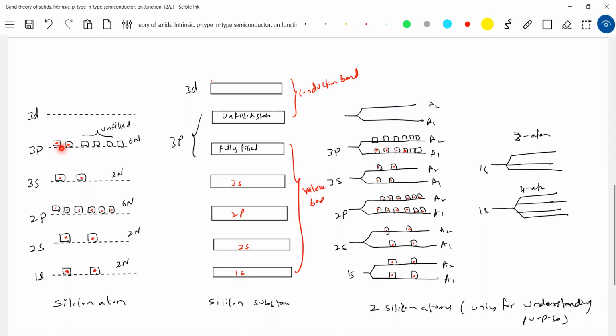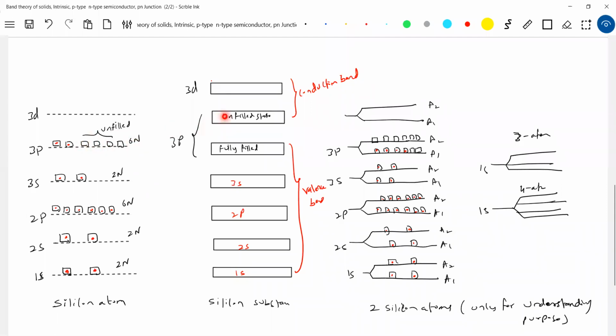So what will happen to this 3p? The 3p will get further subdivided, where each atom will contribute two states. And because of that, what happens? We'll get a fully filled uppermost valence band and an empty conduction band. We say empty in the sense that you can see that here.